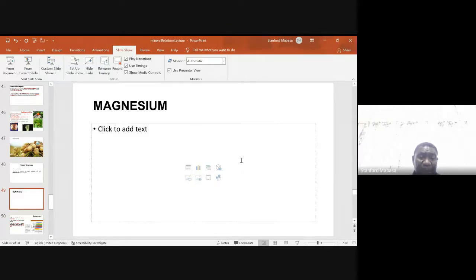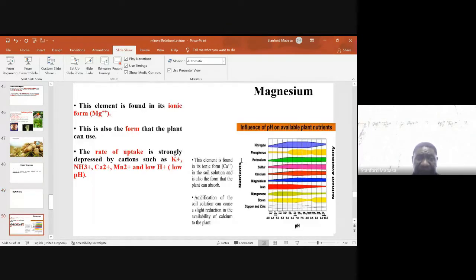Magnesium. Now, magnesium is obtained as Mg++ in the ionic form. This is the form which the plant can use.